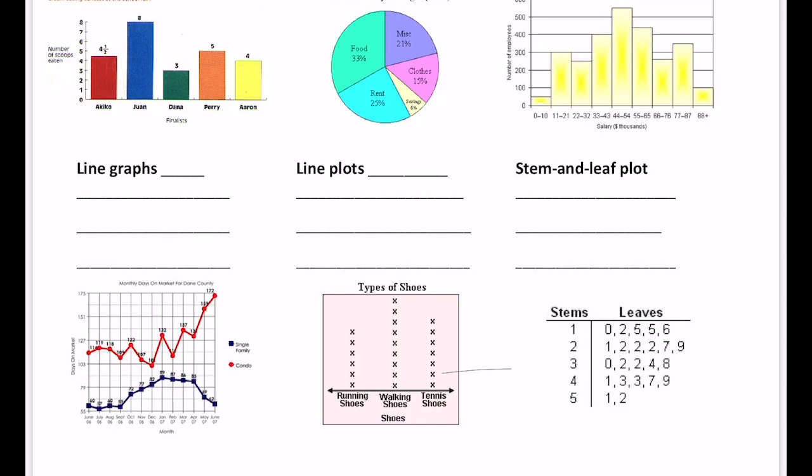Circle graphs compare individual data to the whole. It just displays data as a percent of a whole. Histograms show continuous data and measure frequency.